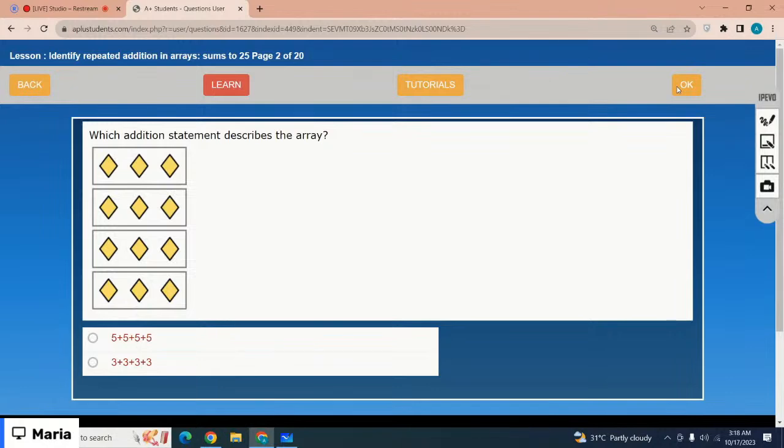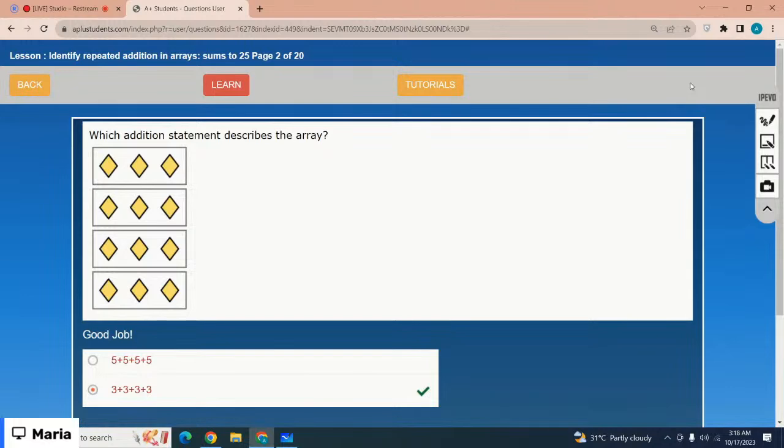So the correct option is, very good, 3 plus 3 plus 3 plus 3. Option 2 is the correct option.